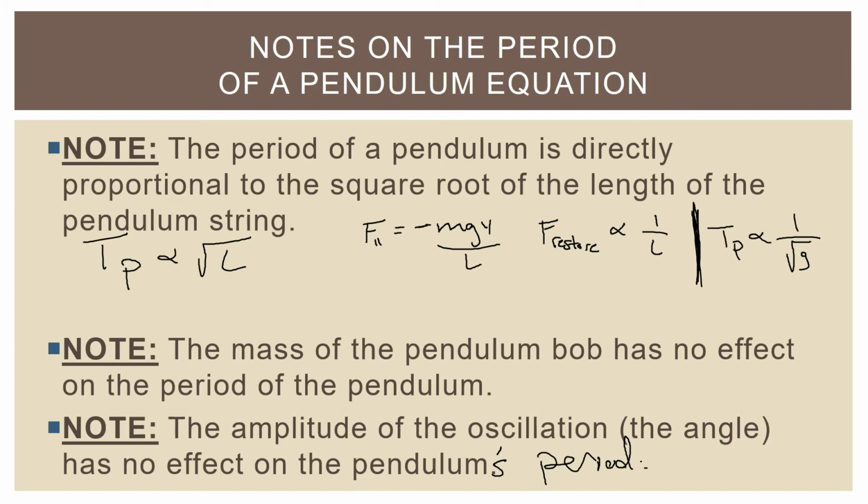And so it ends up canceling. The basic idea here is that as you increase the angle, you have a larger component of the gravitational force that's acting in the direction of its displacement. That is true, but the displacement is bigger, so it has no overall effect. Take a second to pause this video here and write that down. And when you hit play, we'll move on.